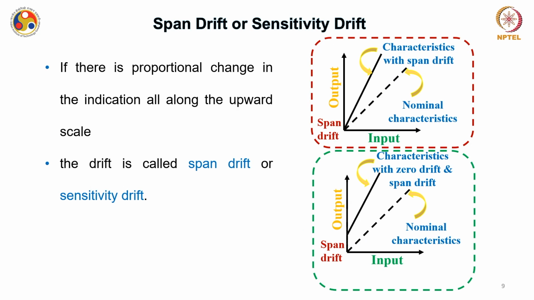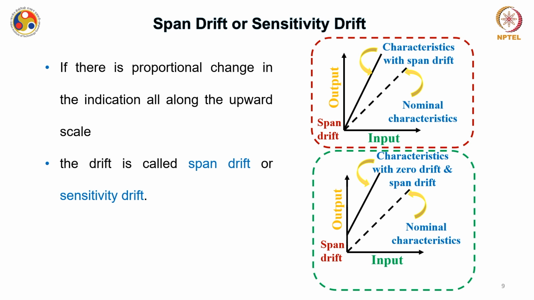Then another kind of drift is the span drift, or we also call it sensitivity drift. In this there is a proportional change in the indication all along the upward scale. These are two different examples of span drift or sensitivity drift.